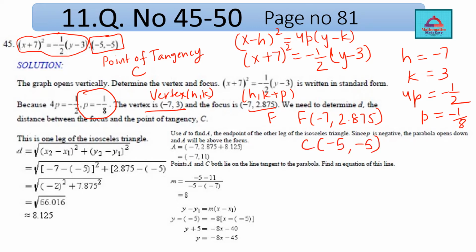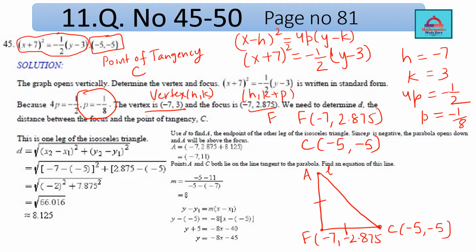Now if we draw a diagram, by definition of the tangent from the last slide, this is an isosceles triangle. This is the point of tangency C given to you. This is the point A, and this point is the point of focus. So focus is minus 7 comma 2.875.